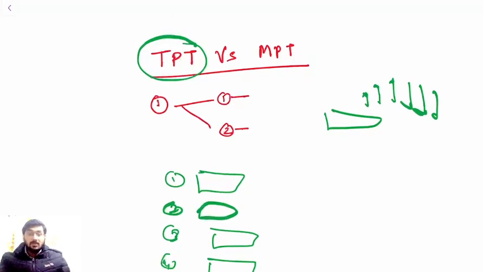Clear? Now comes the MPT, modern portfolio theory. It came in 1952. Now we asked a different and smarter question: why are we looking at stocks individually when we invest in a portfolio, not the stocks? This line actually changed the game in finance forever.